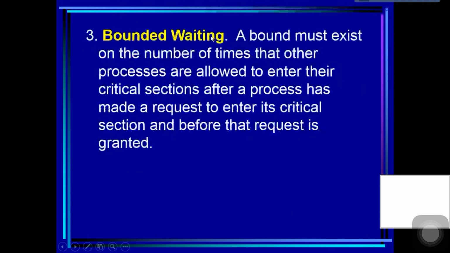Third, bounded waiting. A bound must exist on the number of times that other processes are allowed to enter their critical section after a process has made a request to enter its critical section and before that request is granted.